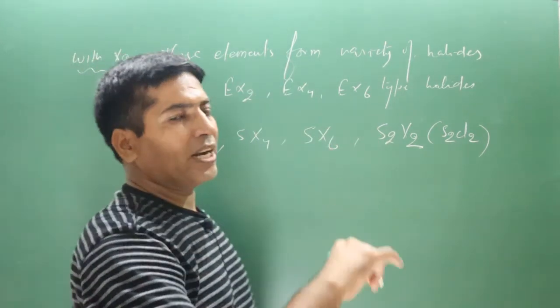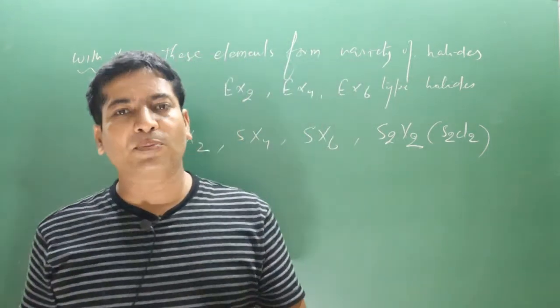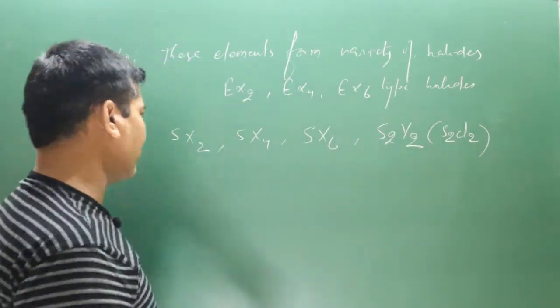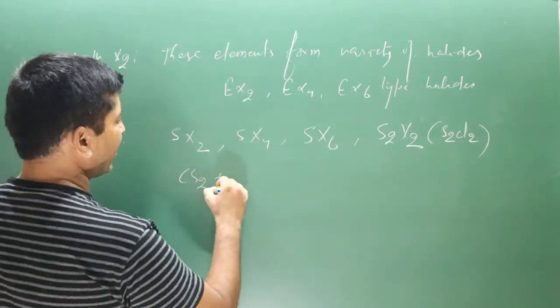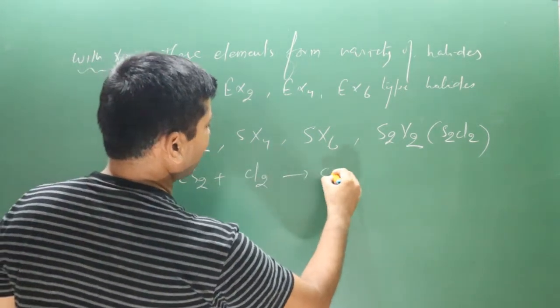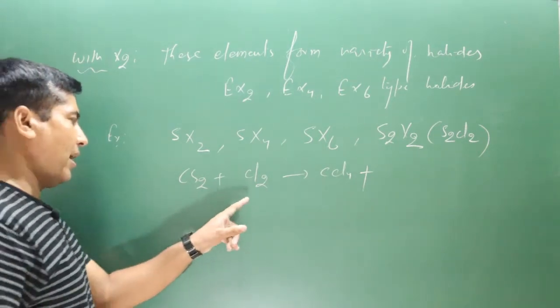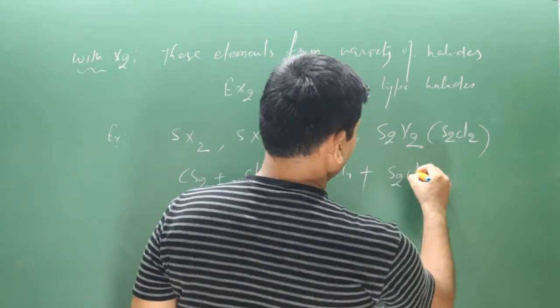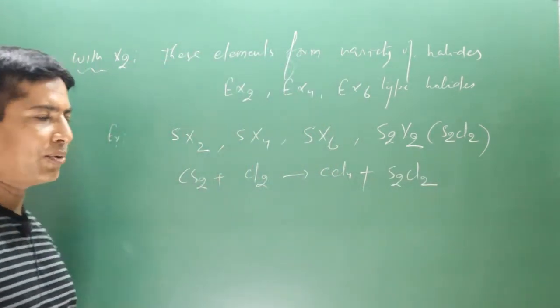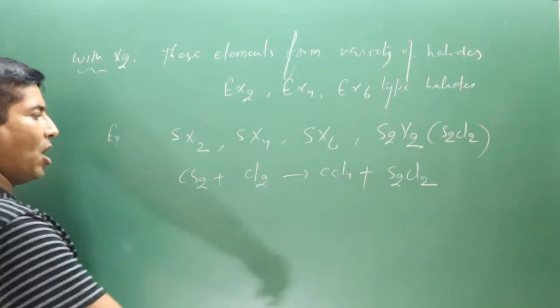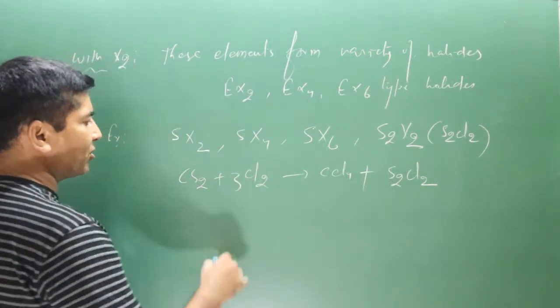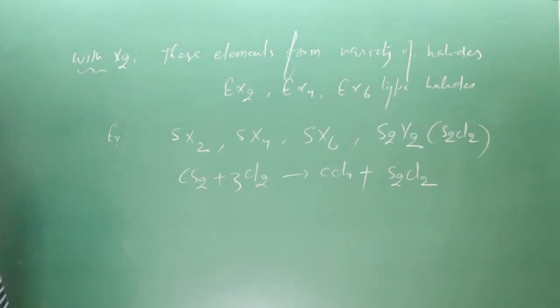This substance we had prepared when we were talking about the preparation of carbon tetrachloride. Carbon disulfide reacts with chlorine gas to form carbon tetrachloride, and we get S2Cl2, disulfur dichloride, also. How many Cl are there? 6 multiplied by 3, the equation is balanced.